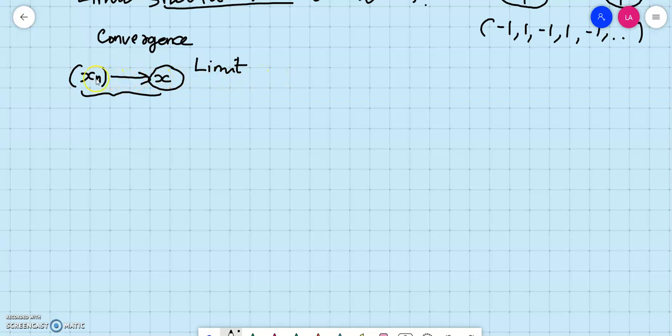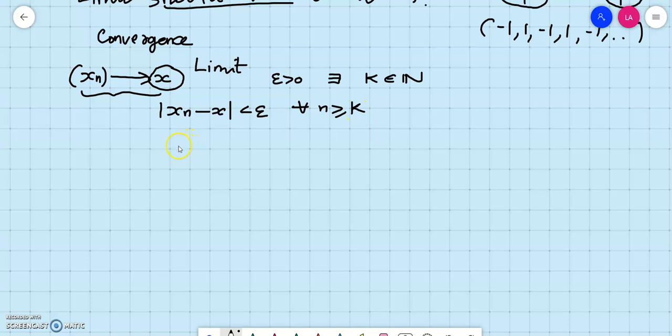The concept is that after a certain stage, every term of the sequence should be nearer to x. So we defined that for every epsilon greater than 0, there exists a natural number k such that modulus of xn minus x is less than epsilon for all n greater than or equal to k. This was our definition.